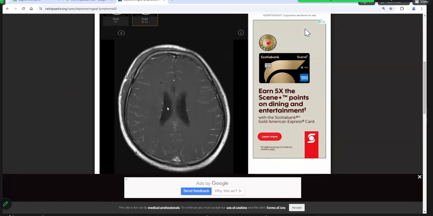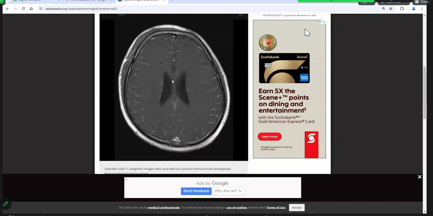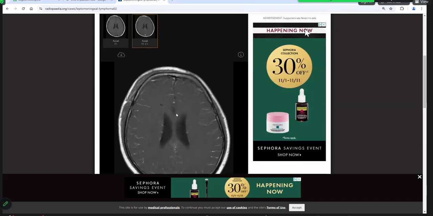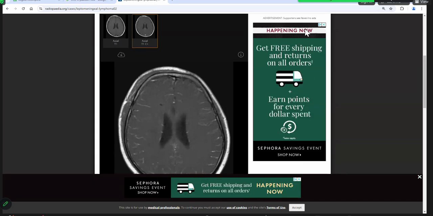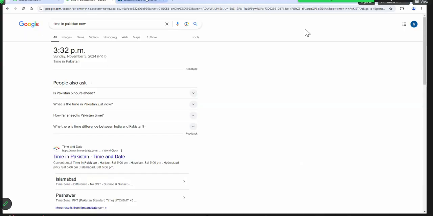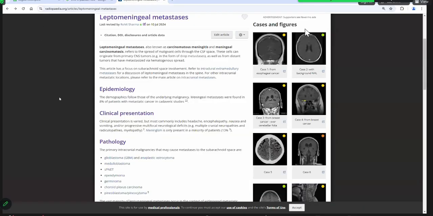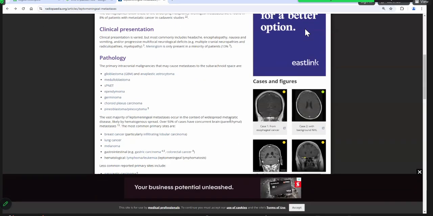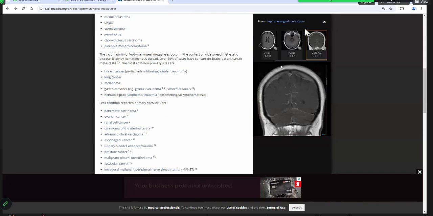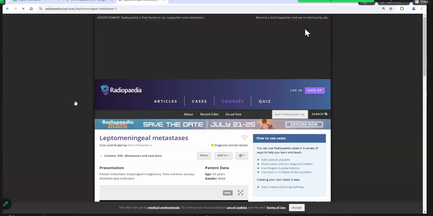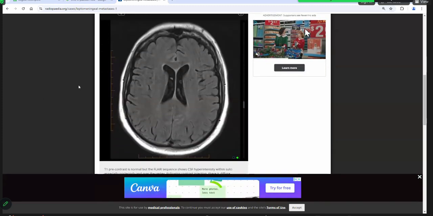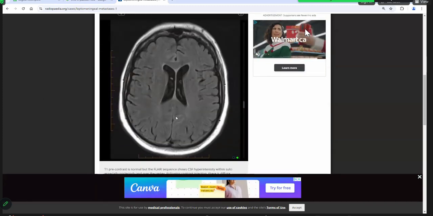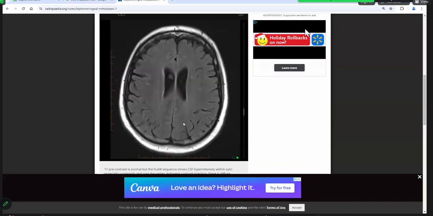Okay. So this is a case in which you can see this diffuse meningeal enhancement. It's a still image. Let me see if I can get a better image than this one. So this is the FLAIR, and again you begin to see this thing here, right?